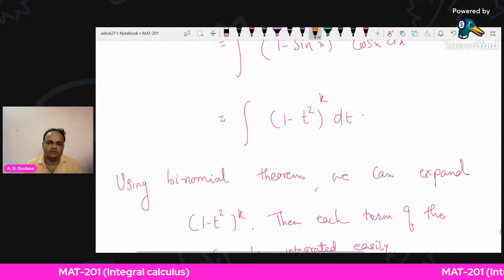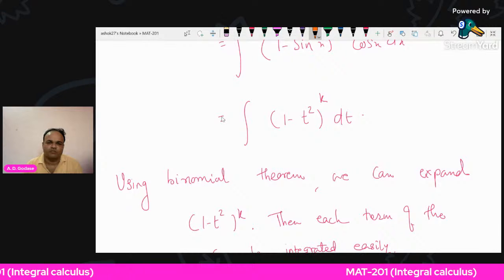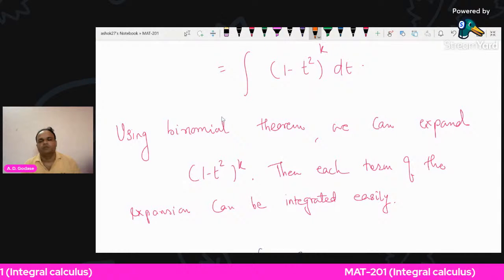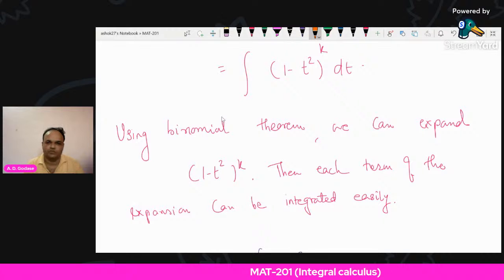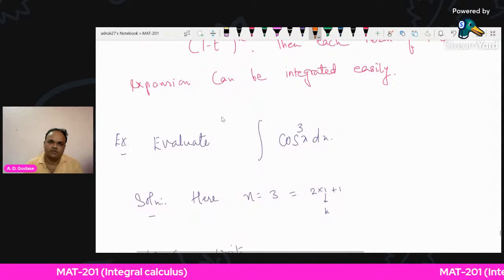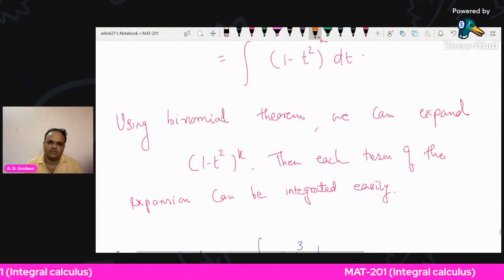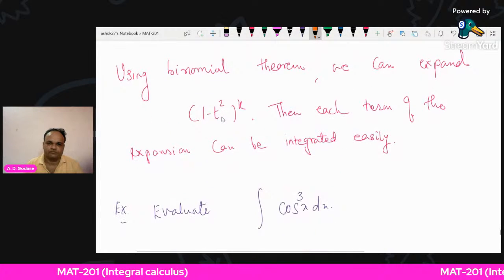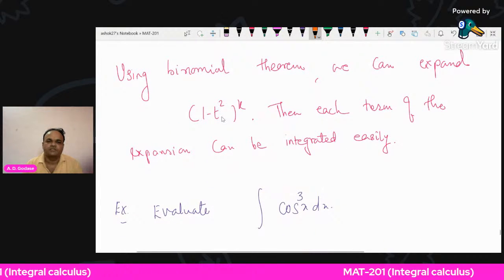This term, 1 minus t square its power k, can be expanded using binomial theorem, and we can take its integration with respect to t, which is the usual integration. After integrating it, you can resubstitute the value of t, that is sin x, and that will give us the required integration of cos raised to n x dx. So this is the case when n is an odd integer.